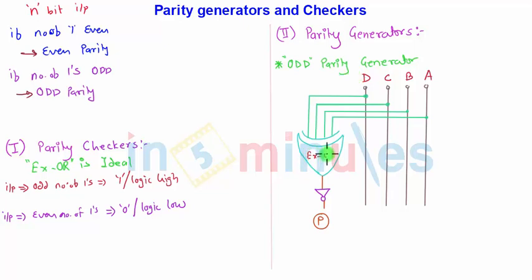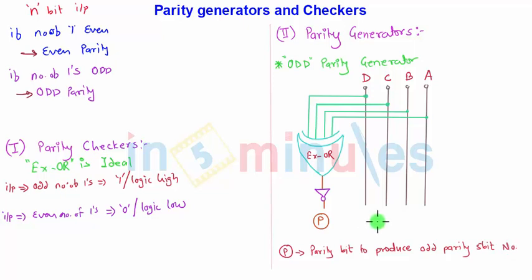So here is the XOR logic between 4 bits, and there is an inverter placed, and this one is the odd parity generator. For this one, P gives you the parity bit to produce an odd parity 5-bit number.